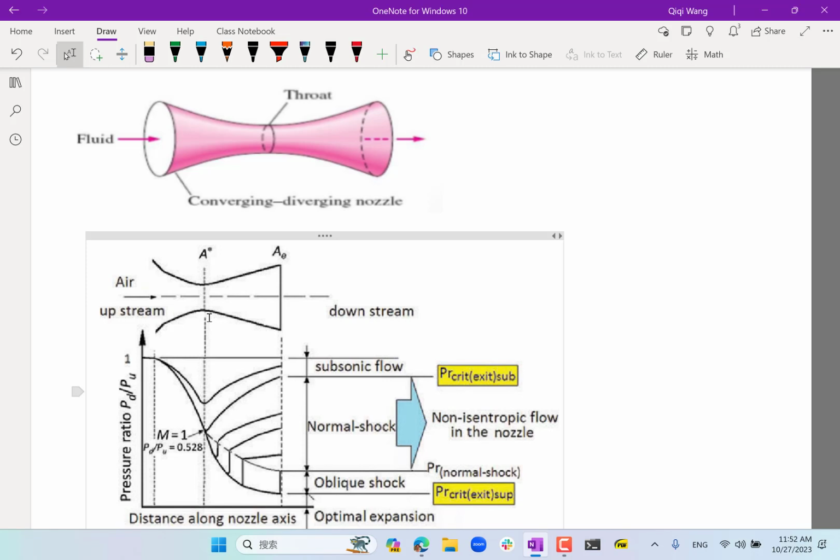This monotonic relationship actually holds true for any subsonic flow, because for subsonic flow, the Mach number is going to be monotonic to how much mass flow per unit area you have, which is inversely proportional to the throat area, because of conservation of mass.